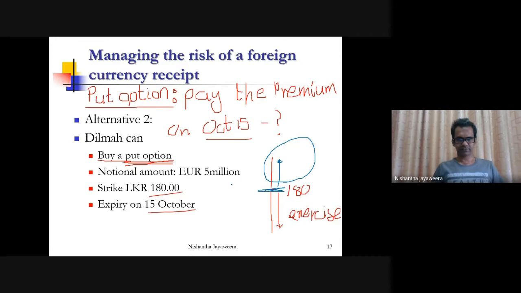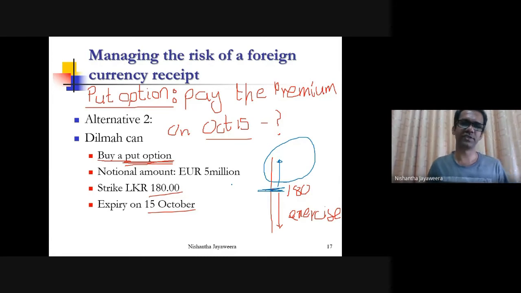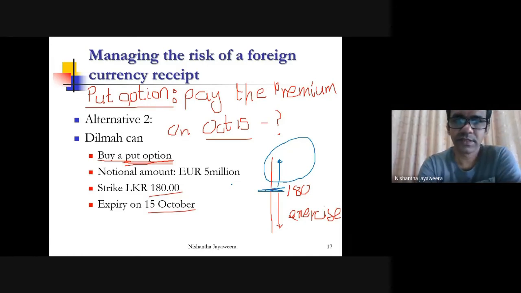But whenever you choose between these two, you have to think about the premium or discount in the forward rate and the premium that you have to pay in this option. You have to compare and decide whether paying this premium is worth it. You have to be careful about that.